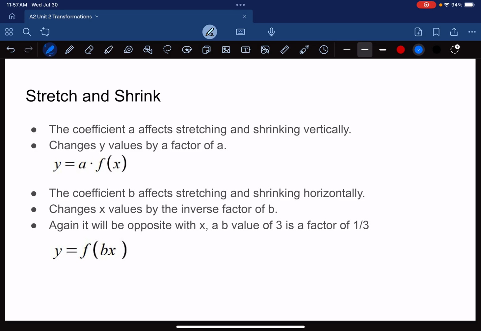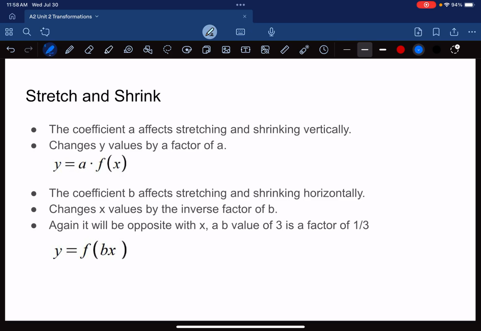The coefficient a affects stretching and shrinking vertically. It changes the y values by a factor of a, so it literally multiplies the y values by a. The coefficient b, however, affects the stretching and shrinking horizontally, and it changes the x values by the inverse factor of b, so it's going to divide by b.